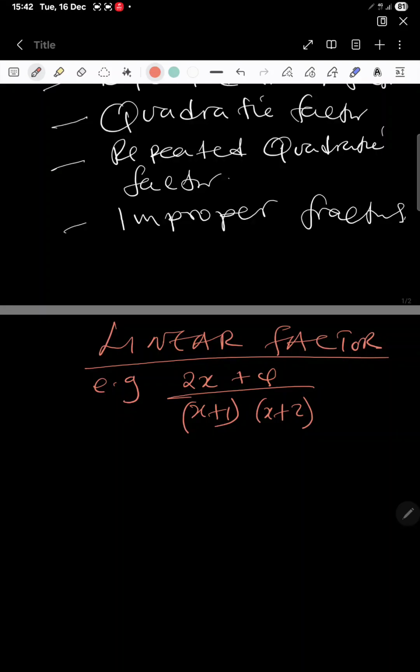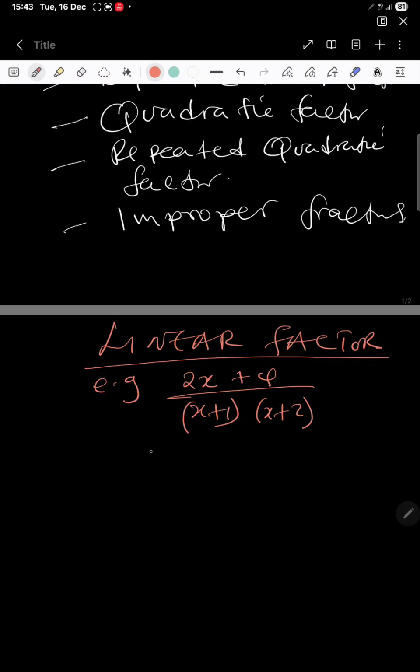These are what we call linear factors, because when you look at the denominator here, the highest power of x is 1, and also the highest power of x here is 1, meaning that these are called linear factors.